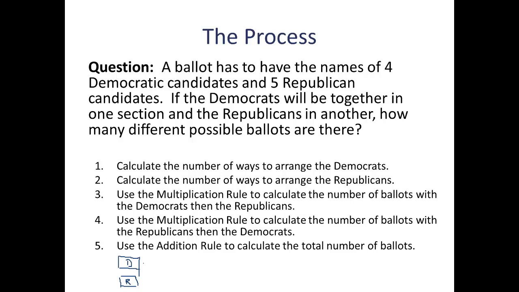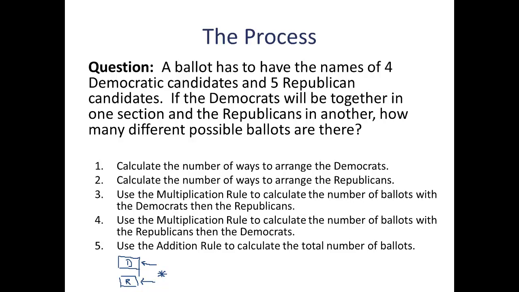We have to choose one arrangement from the list of Democrats, and another from the list of Republicans. Because we're making 2 choices here, we're going to use the multiplication rule to find the total number of ballots we can make that way.